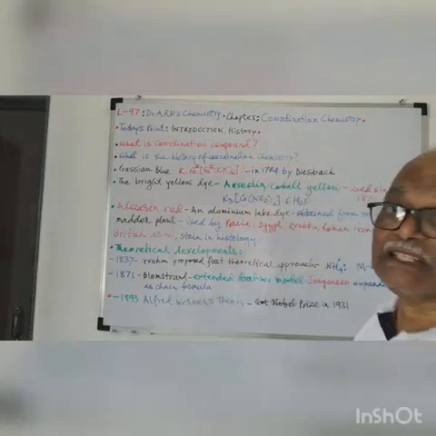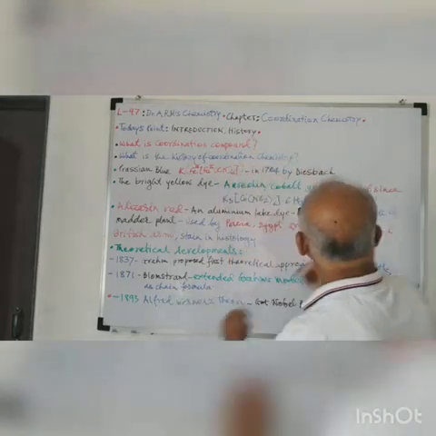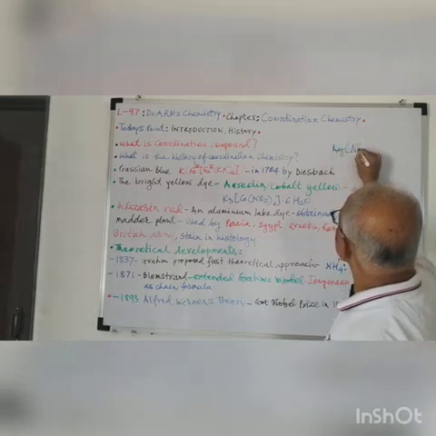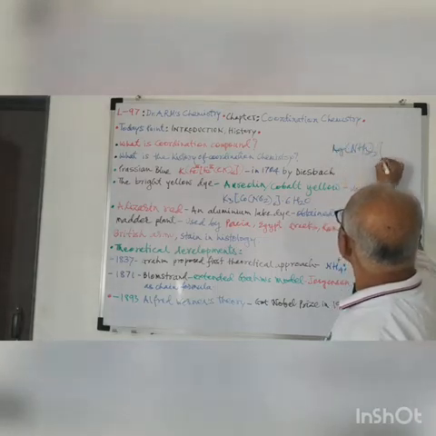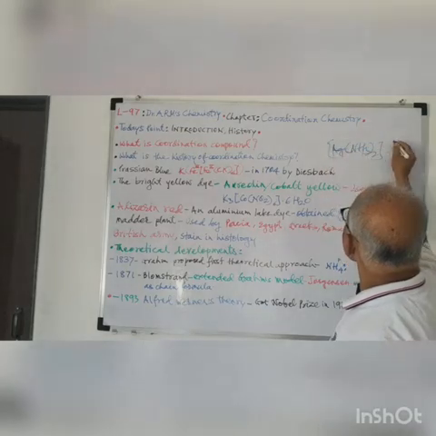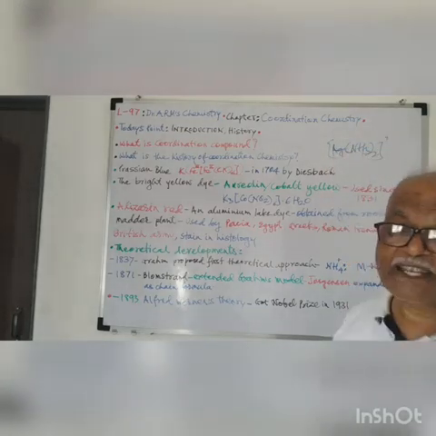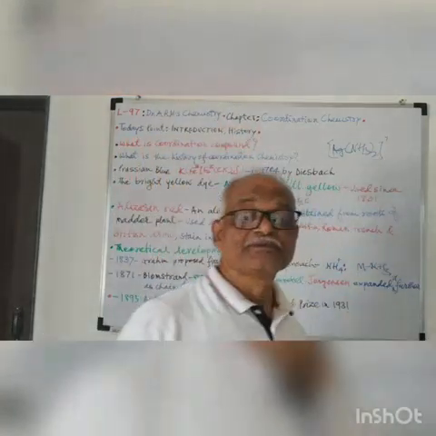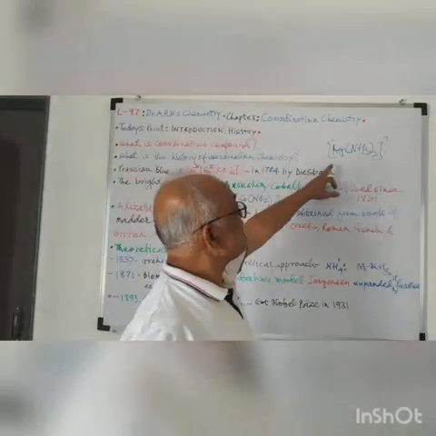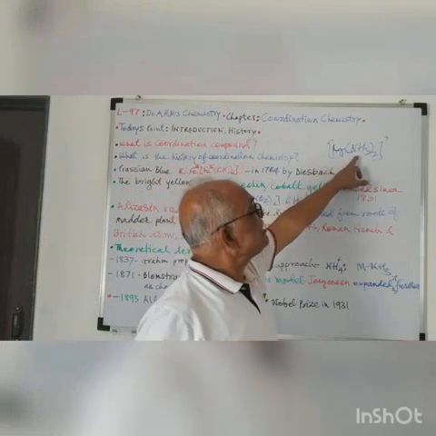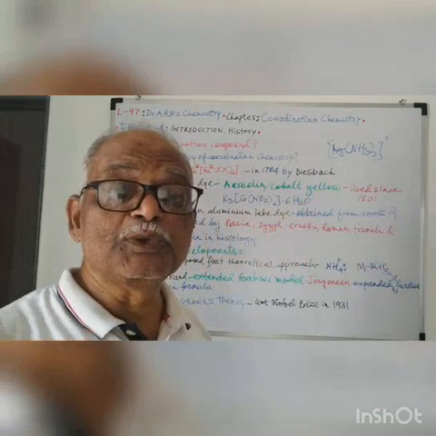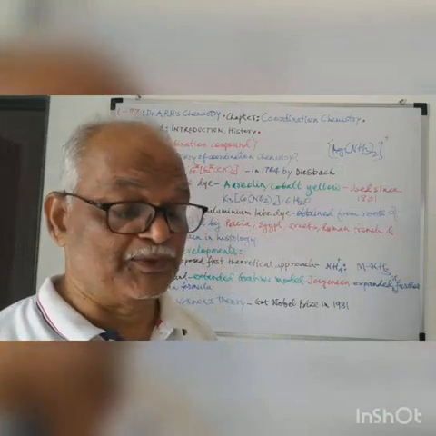For example, we can consider [Ag(NH3)2]+. This is an ionic species because it carries one positive charge, and you will find that this silver ion is bonded to, or surrounded by, two ammonia molecules.